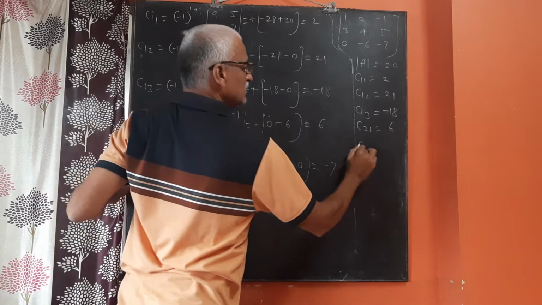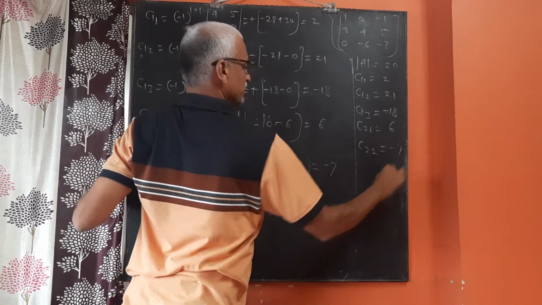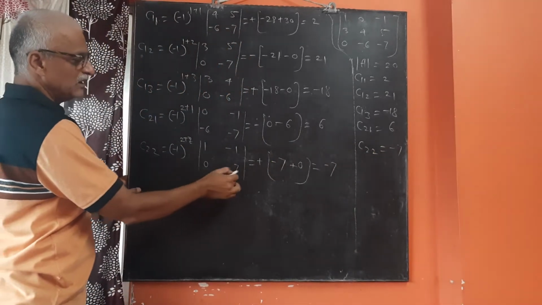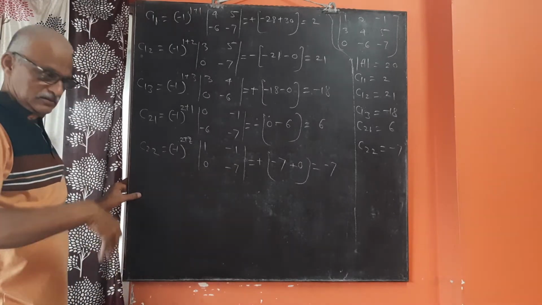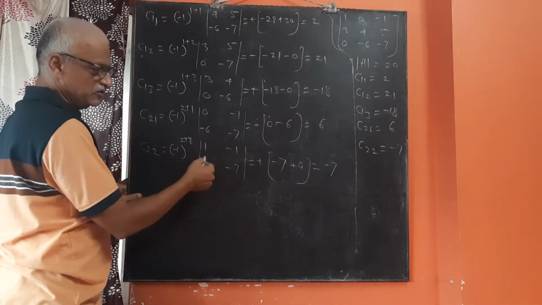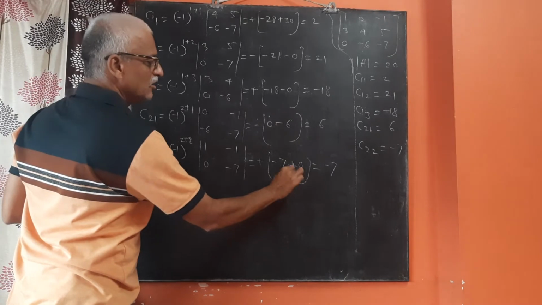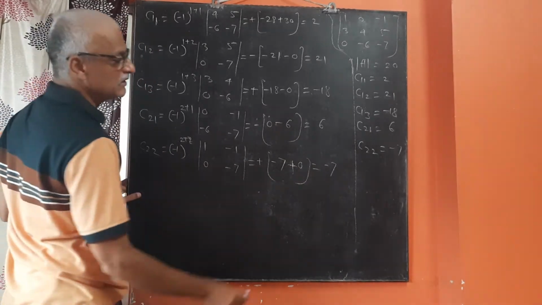So the value of C22 equals minus 7. You may write plus 0 or minus 0, it makes no difference.